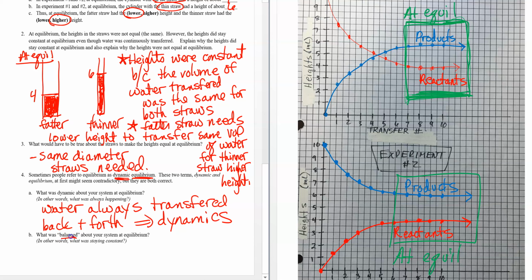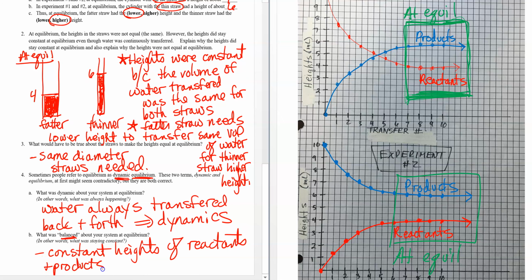But what's balanced? Sometimes when you hear the term equilibrium, you think it's equal. I just want you to make sure you don't think that it's equal. Reactants don't have to be equal to products. All that has to happen is that what's staying constant, that's really what's balanced. So you have constant heights of reactants and products.